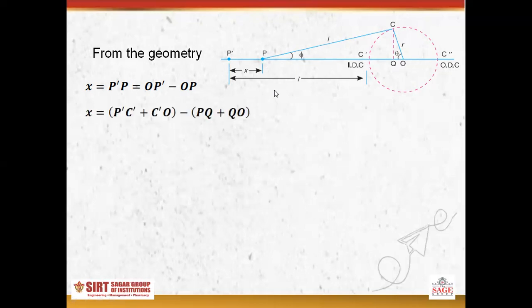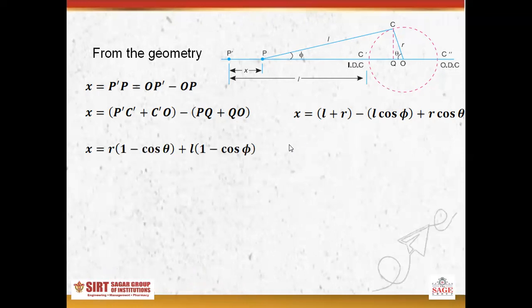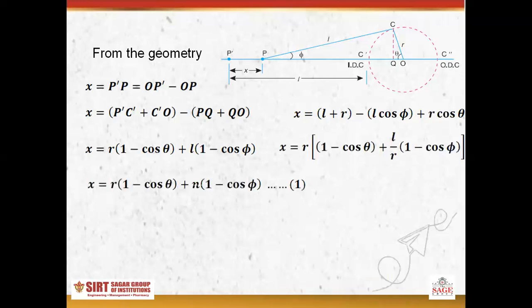OP is equal to PQ plus QO, and OP dash is equal to P dash Q dash plus Q dash O. P dash Q dash is equal to L, and Q dash O is equal to R. With the help of this equation, we will have the value of x.